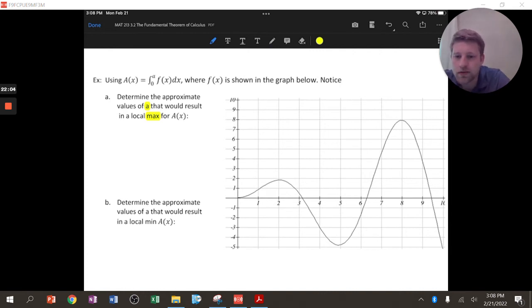So we want to consider here, where is our actual area, the accumulated area, going to be at its maximum?